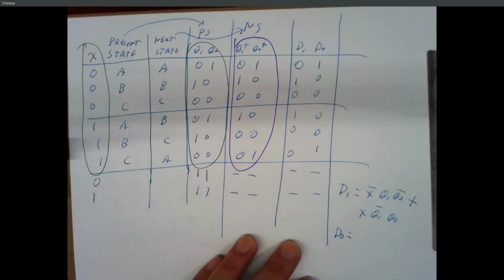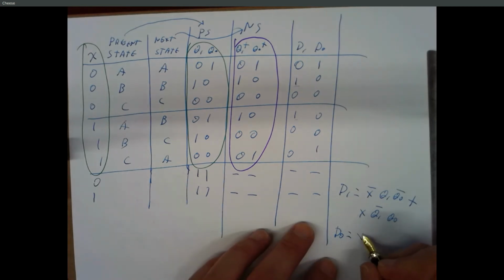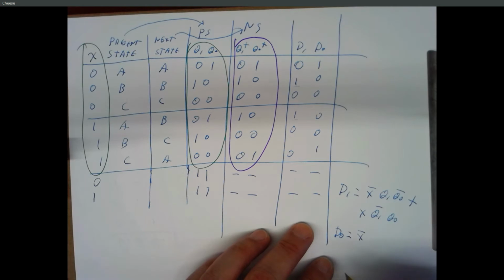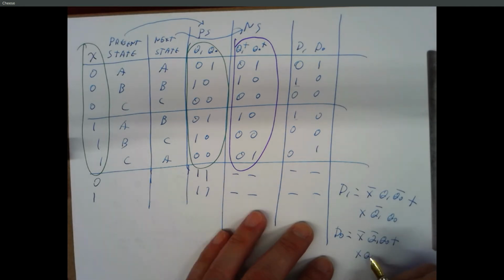And what's an equation for D0? X bar, Q1 bar, Q0. Cool. And X, Q1 bar, Q0 bar.